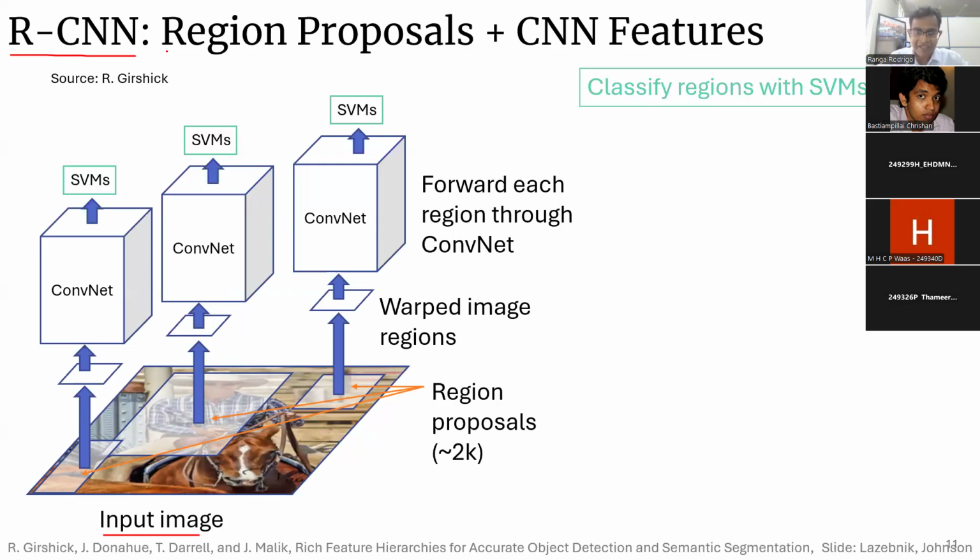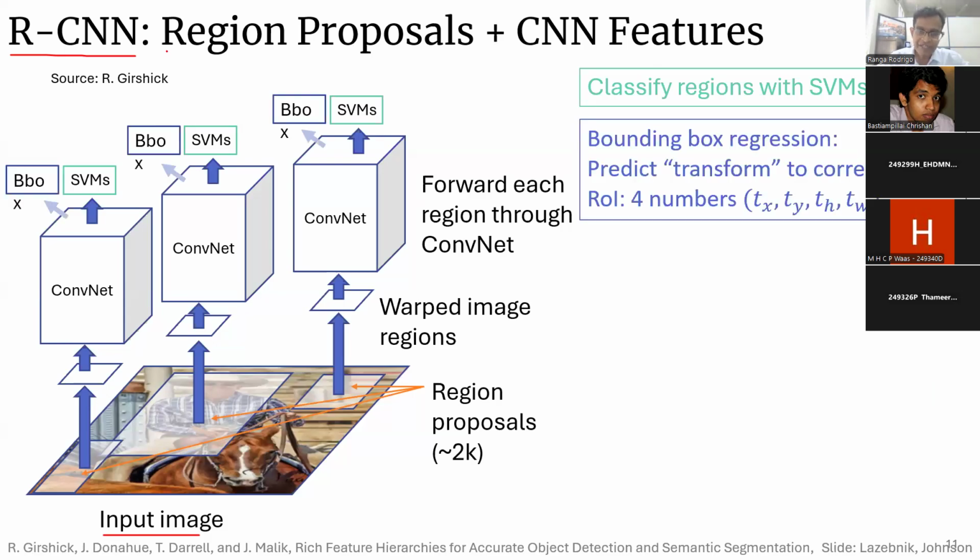On that vector, you run a support vector machine classifier to classify into the different classes, and also you run a bounding box regressor on them. Bounding box regression predicts a transform to correct the ROI, the four numbers, to the ground truth, because these region proposal boxes may have to be adjusted slightly. This adjustment will happen in that regression operation. I hope that this is clear to you.